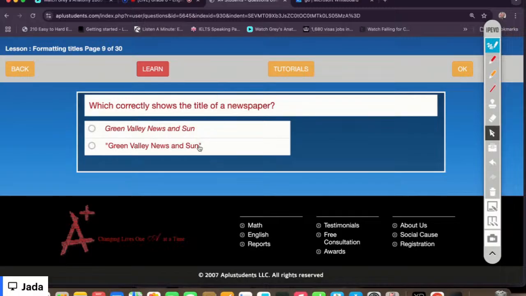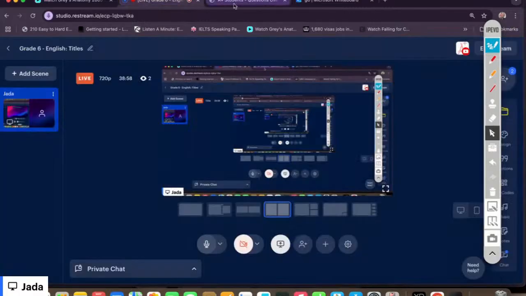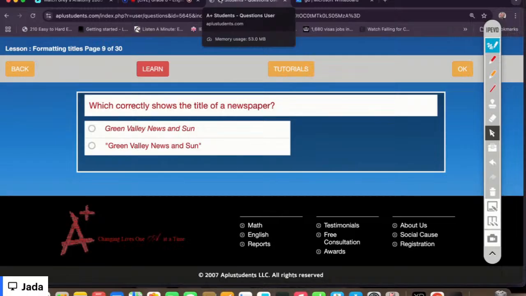Green Valley News and Sun, first or second. So for newspaper, it's either underlined or italic. So the first.